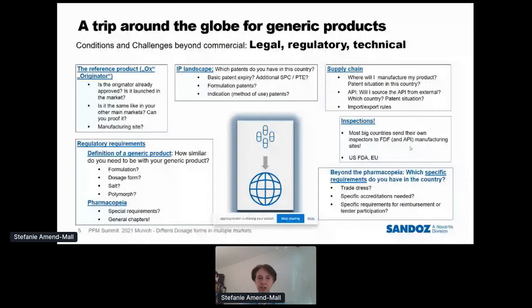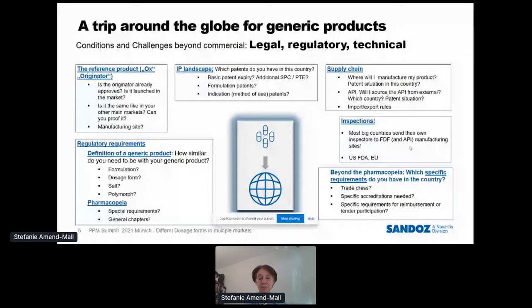And still it's a generic and the market prefers that one. This is by far not the case in all the other countries of the world. So these are the typical things where you then have to see, okay, can I use this one product globally, or do I need to spread out my developments into different areas? I will come to that point later.